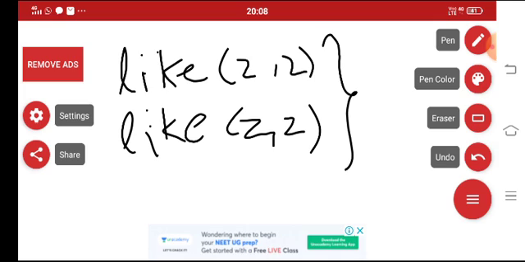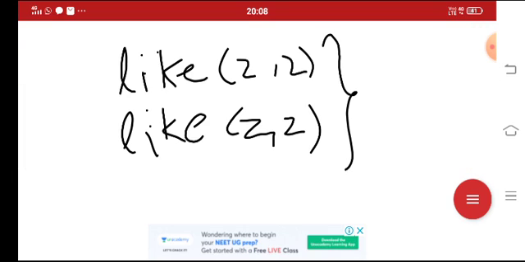Now that they are matching, we can find the contradiction between them by just putting the negation symbol on one of the literals, because both literals are now the same. Okay, hope you got this.